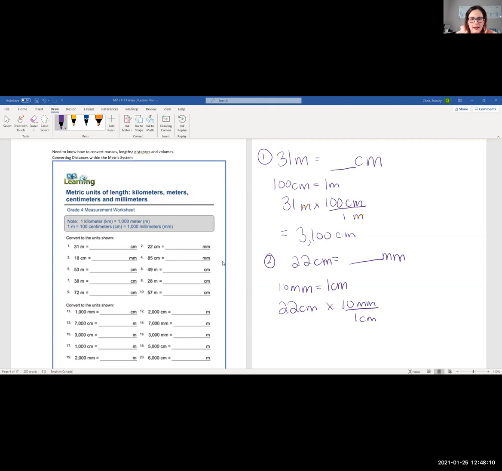People are saying 220, and that's correct, yes. You just have to multiply by 10 in order to convert from centimeters to millimeters. But I think it's important to know why we multiply by 10, and it's due to this conversion factor right here.